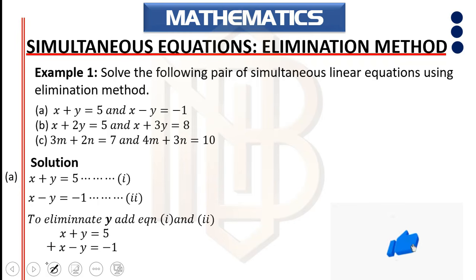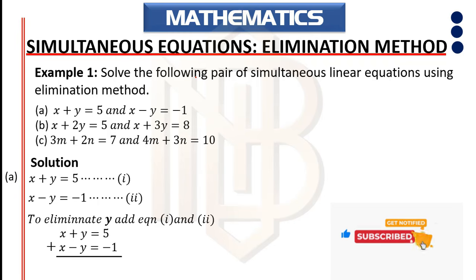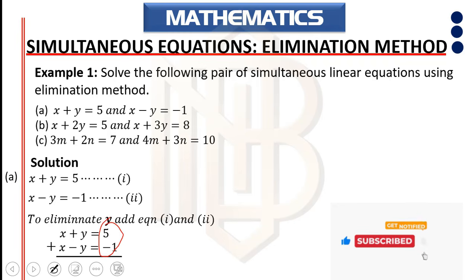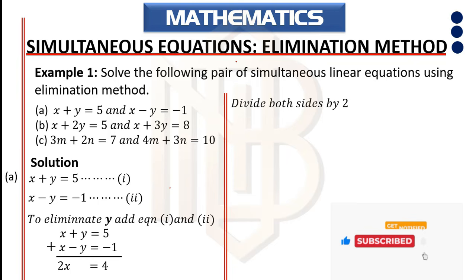By the addition, this plus this gives us 4, and 1y minus 1y will give us 0, and x plus x will give us 2x. So that's why we have 2x equals 4. We can proceed by dividing both sides by 2, and we have our x equals 2.